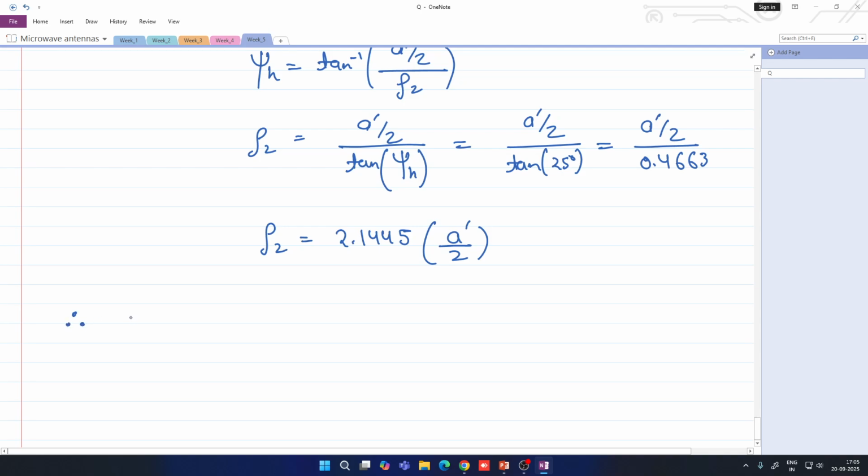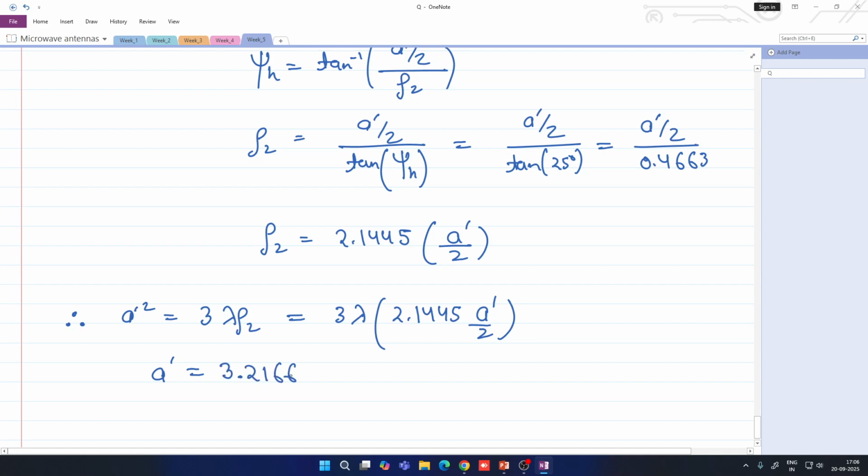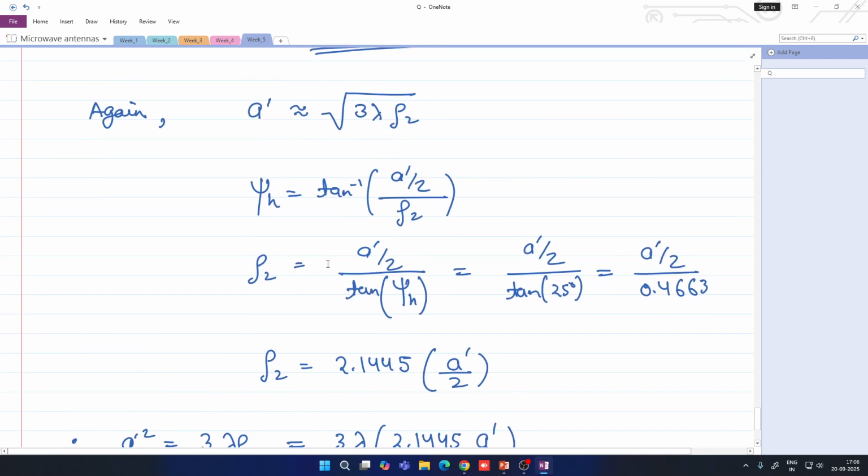Therefore a prime square is 3 lambda times rho 2, and I can substitute this rho 2 in terms of a prime, which is lambda into 2.1445 times a prime by 2, and when we solve this we will get a prime as 3.2166 times lambda. So now we have the values for this aperture dimensions a prime and b prime.